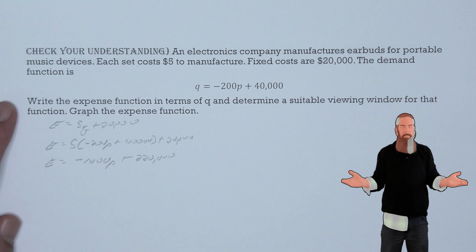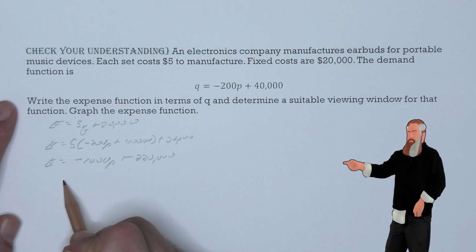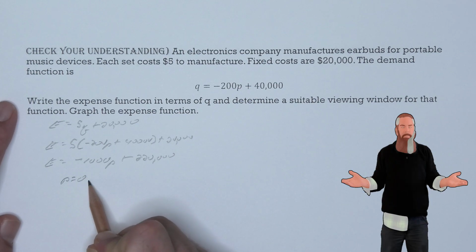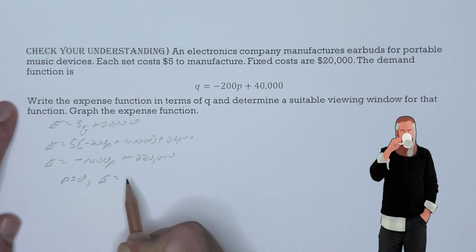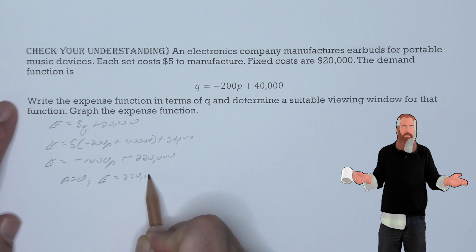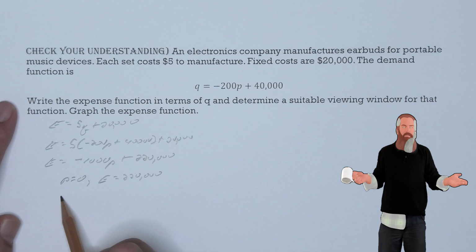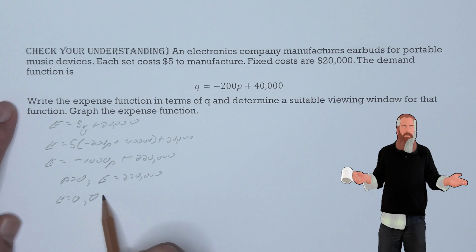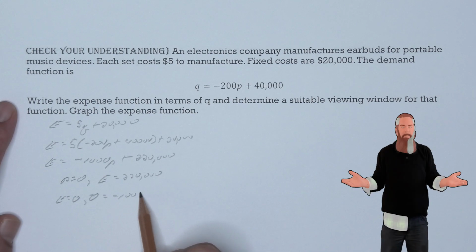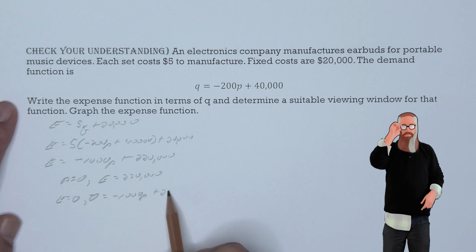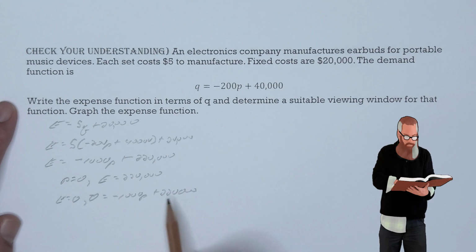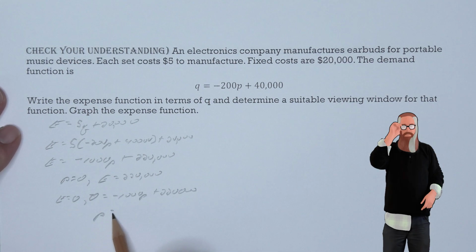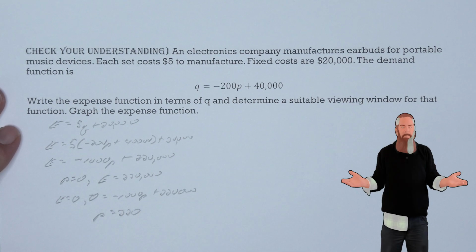Next, we'll figure out what happens if P were equal to 0. If that happened, then E would be equal to 220,000. And if E was equal to 0, then we would get that 0 is equal to negative 1,000p plus 220,000. Solving for P, we get that P is equal to 220.